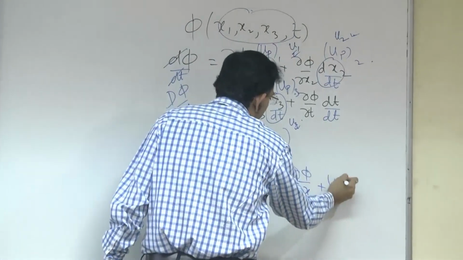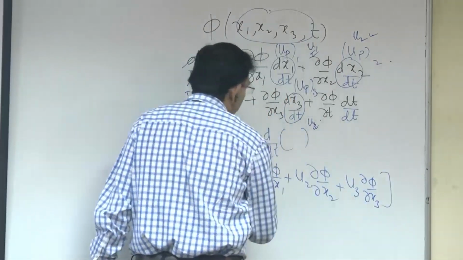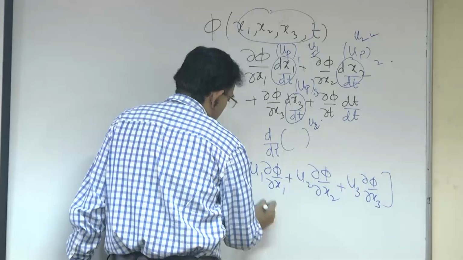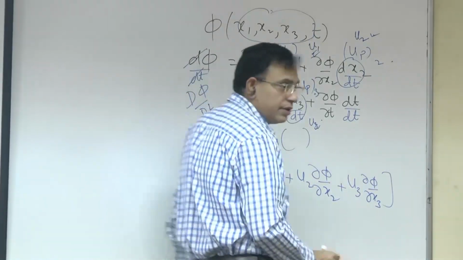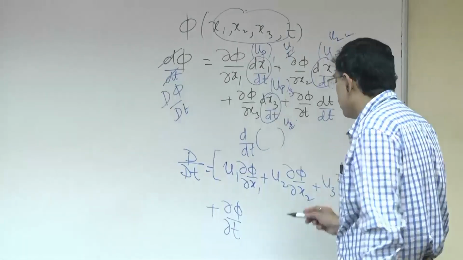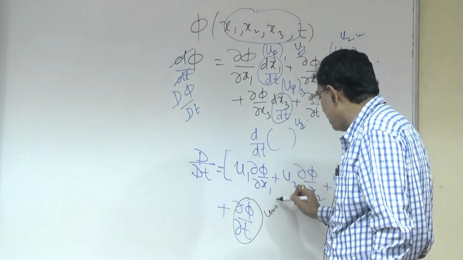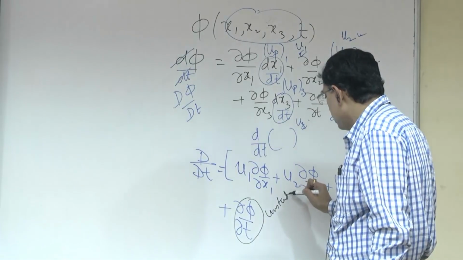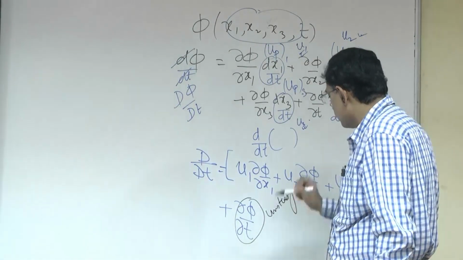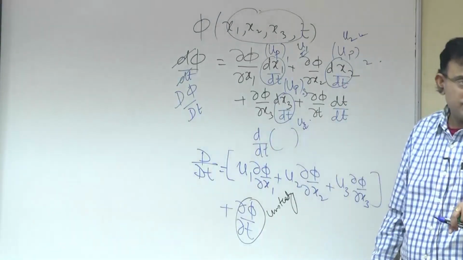So this is one type of term, and you also have another type of term which is time independent. This is clearly the unsteady component, that means at a given location the phi variable is changing with time.